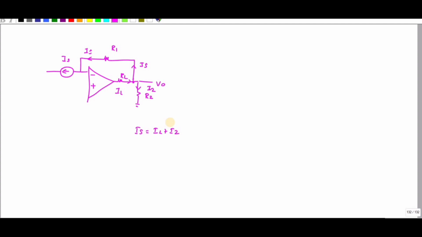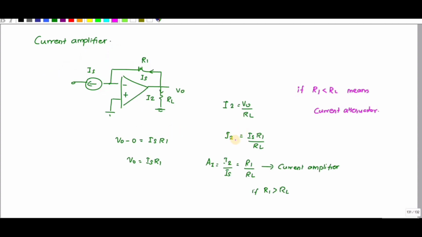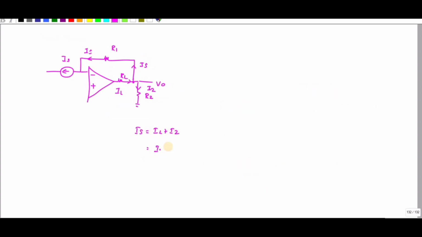What is my I2? From the previous circuit, I can write I2 as IS R1 divided by R2, because here I have connected the R2 resistance.